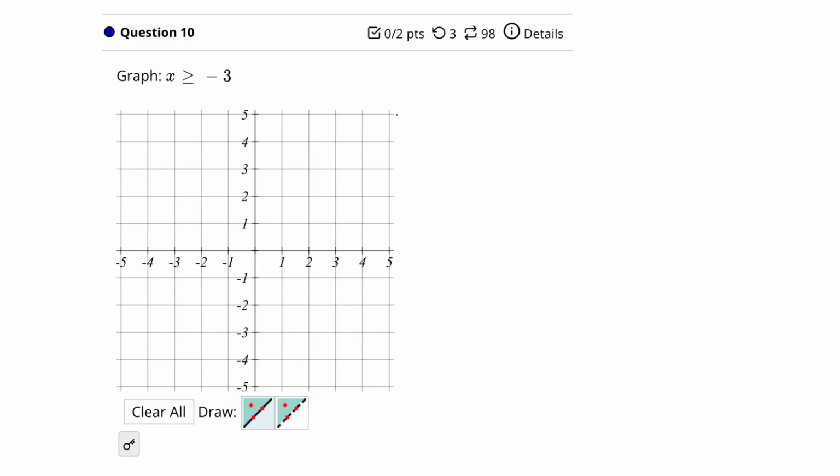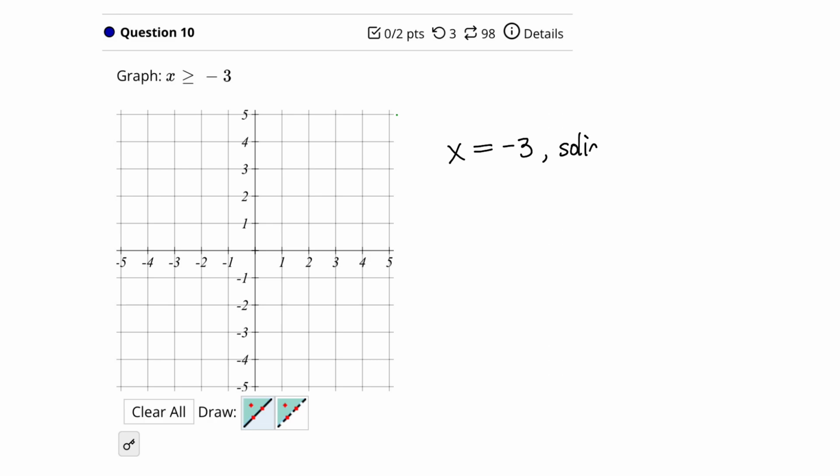Two more kind of weird ones, but they're not that hard when you know what you're doing, and then we're done. Okay, so this one, if you remember, because all I have is the x in my graph, your graph will only cross the x-axis. Okay, so we're going to be graphing x equals -3 with a solid line, right?